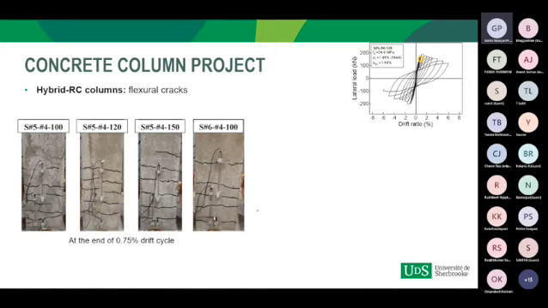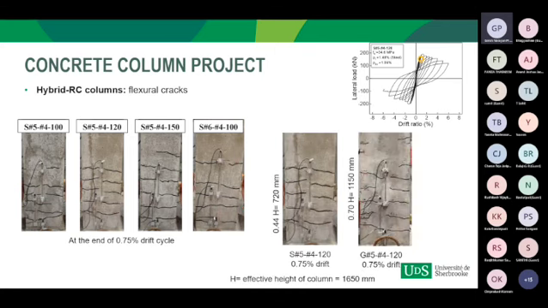The failure progression of the hybrid reinforced concrete column was almost similar to the GFRP reinforced concrete column, with development of flexural cracks at a spacing equal to the spacing of the transverse reinforcement. The difference was that the flexural cracks in the hybrid reinforced concrete column developed up to 44% of the effective height of the column, and in the case of the GFRP reinforced column, they developed up to 70%.